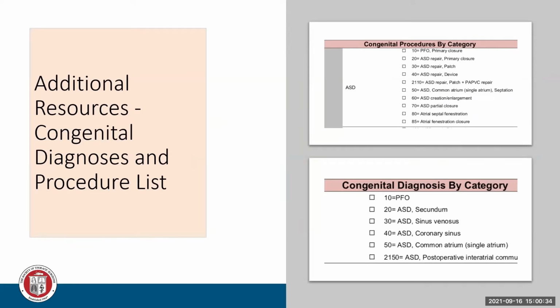I'll take that and do my Control F to search the document and find out where it is, because the document can be overwhelming, especially if you're not used to doing congenital procedures. In my opinion, that's the best way to find things in this document: use Control F and search for what you're looking for. It's a great resource, especially when you have to fill out sequence 6500 and you're not quite sure what to put in there.